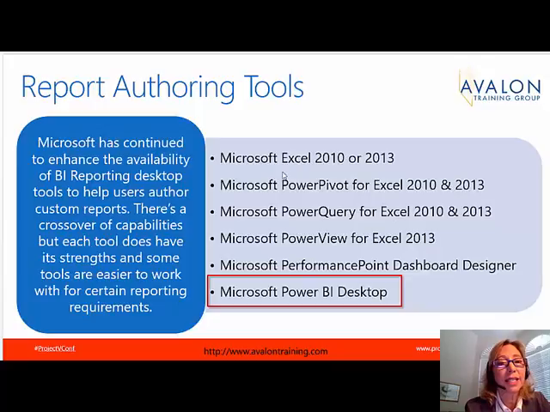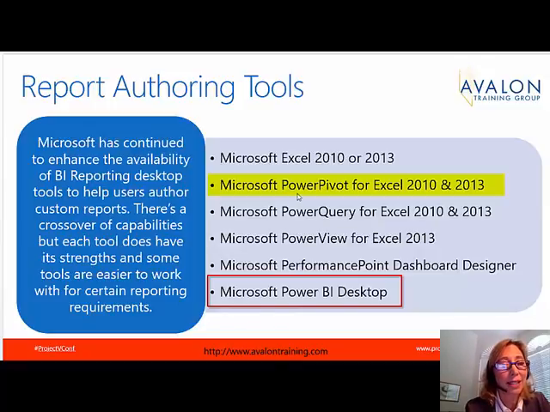So just reading through this list, we've got Microsoft Excel 2010 or 2013, both of which will connect to Project Online to build a report. There are some add-ons that can be enabled within Excel. One is PowerPivot for Excel, available in both 2010 and 2013.